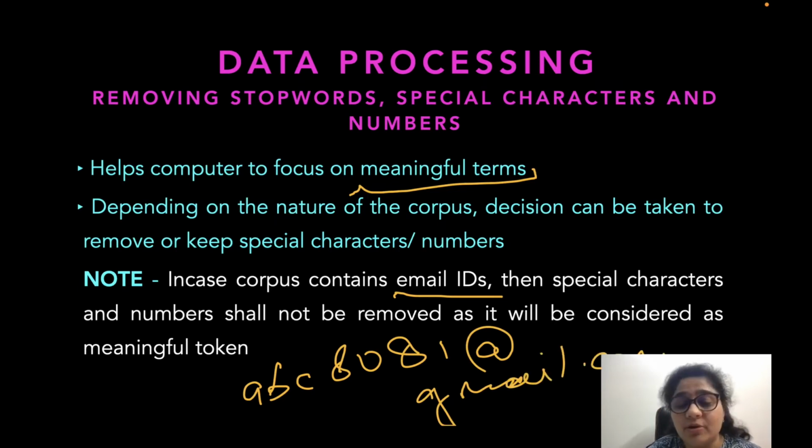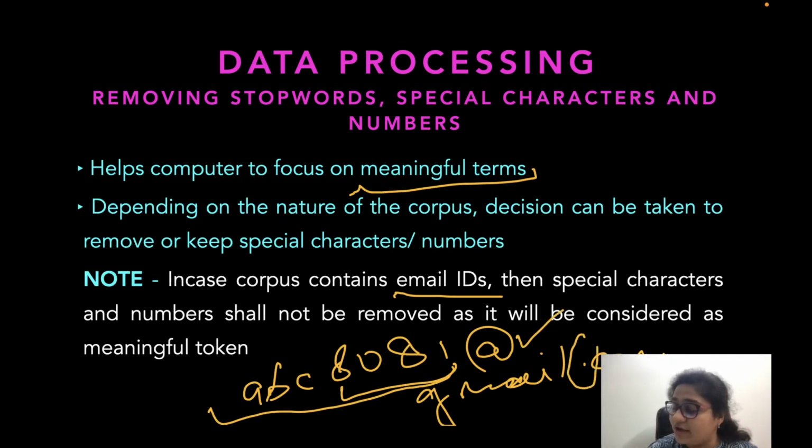This is only for demonstration purposes. I am not taking any real or anyone's user ID. So in this you can see some numbers are coming, but those are part of the email ID. We just can't do away with that. We cannot remove it.